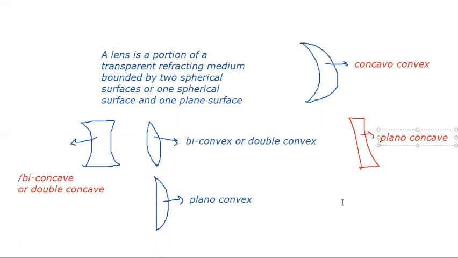And finally you may have a convexo concave lens, for example like this.